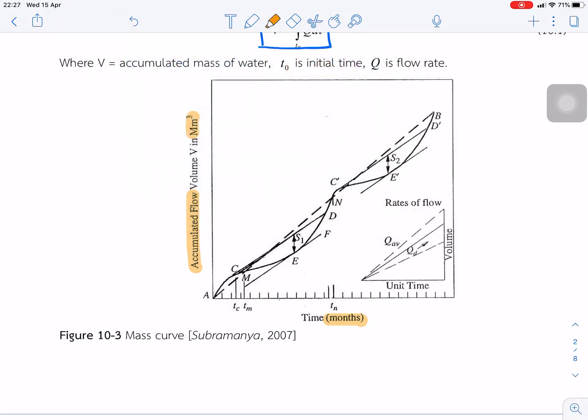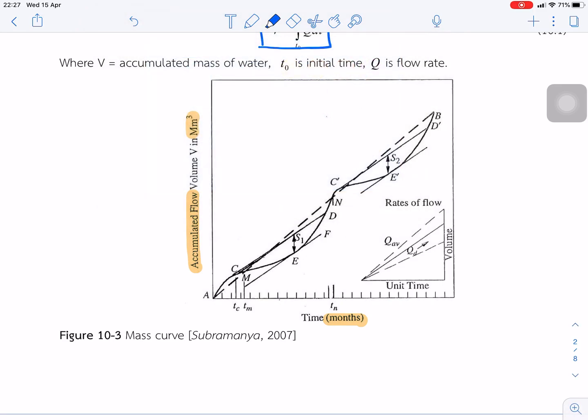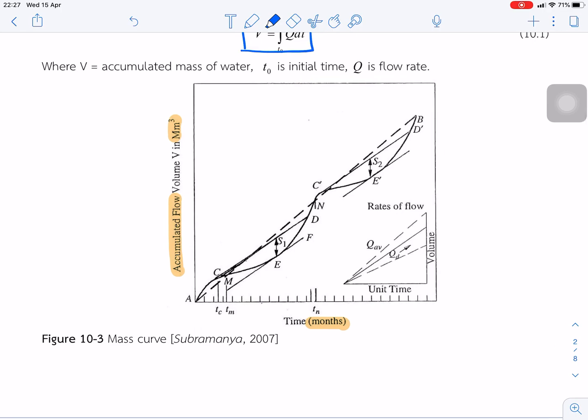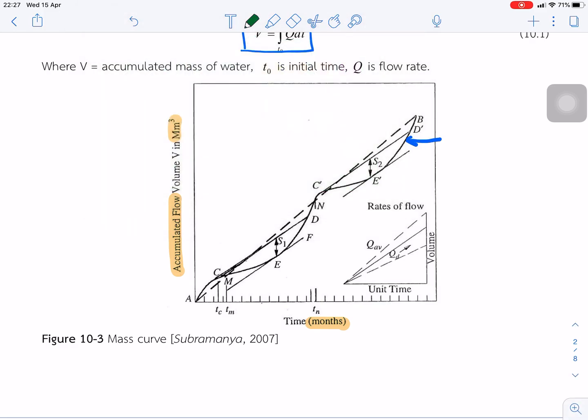Okay, and we can say that this is called the supply curve.